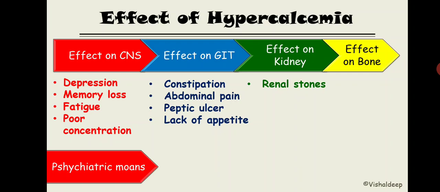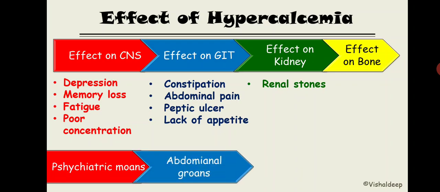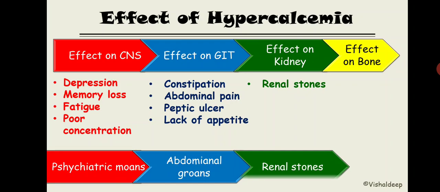The effect on the GIT is collectively known as abdominal groans. And finally the renal stones. So these are the effects, or clinical features, of hypercalcemia. You can easily remember them like this: psychiatric moans, abdominal groans, and renal stones.